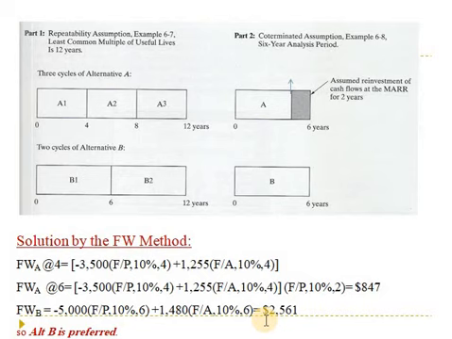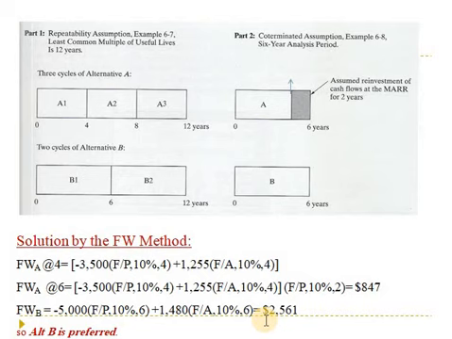So you see, I used the method of repeatability, got the present worth, and I was able to say that B is better. Then I changed this present worth into an annuity, and I was able to say that B is still better. And I didn't repeat anything and directly used the annual worth. It got me the same answer, B is better. And with the co-terminated assumption, I also got the future value and realized that B is better.